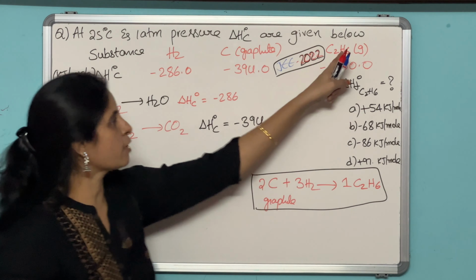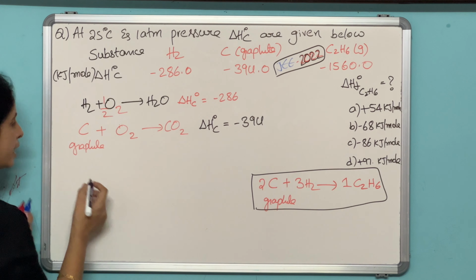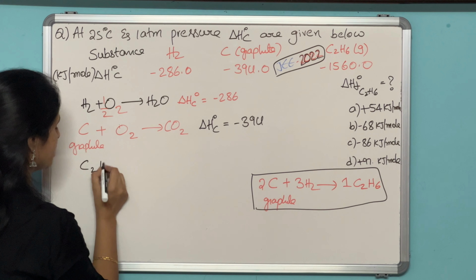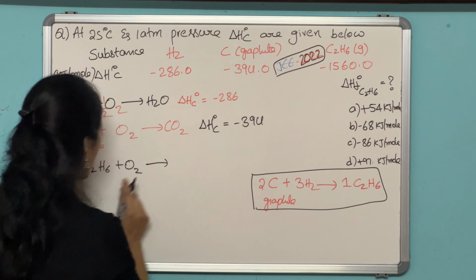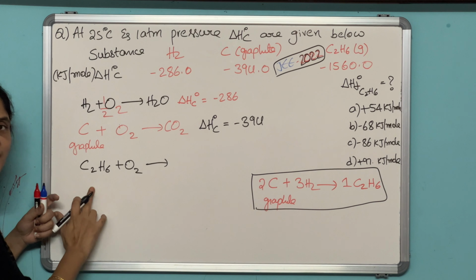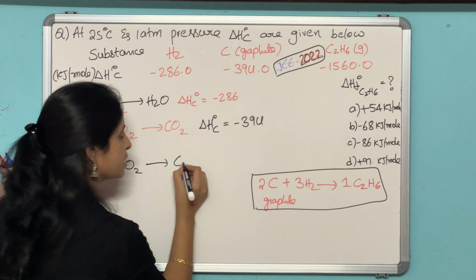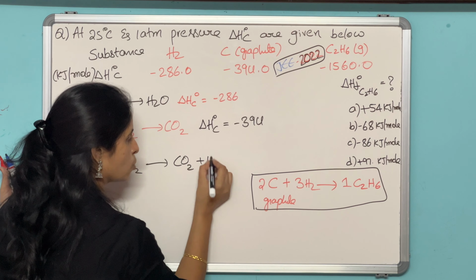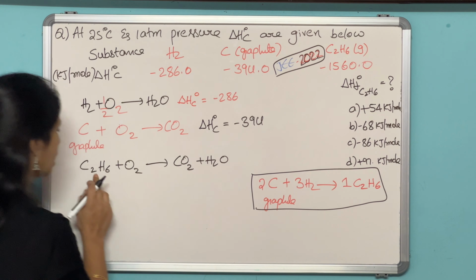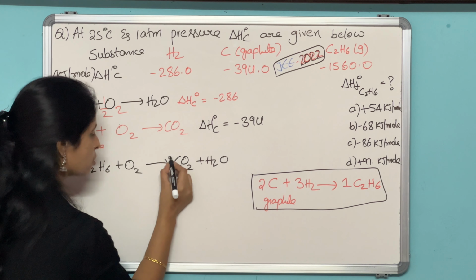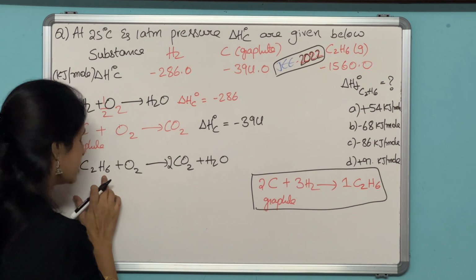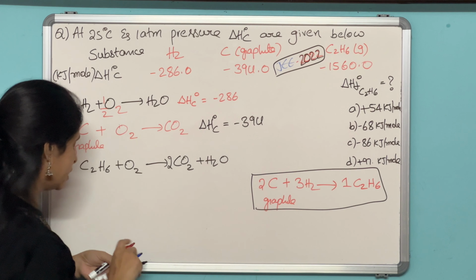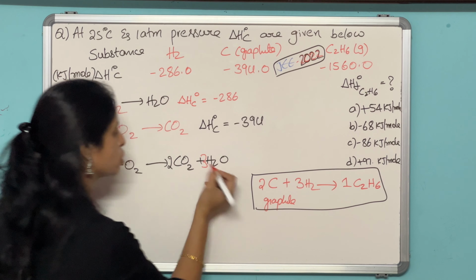Now, the enthalpy of combustion of ethane. You write C2H6 plus O2 gives rise to, I told you, when hydrocarbons are burnt, always the products are CO2 and H2O. Now balance this equation. 2C, here also you should write 2C. And 6 hydrogens, so here it should be 3H2O.